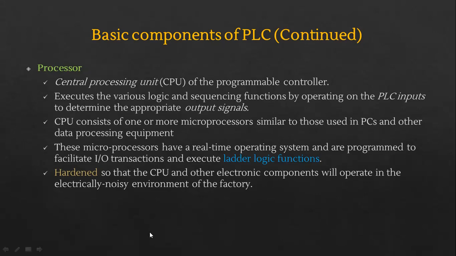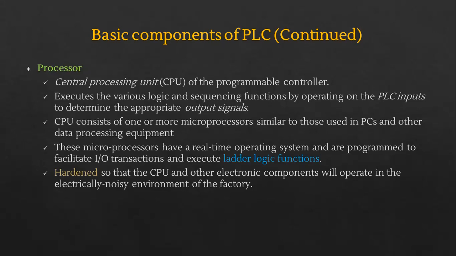Hardened, okay, the complete PLC or the processor unit basically especially is hardened so that the CPU and other electronic components will operate in the electrically noisy environment of the factory. Okay, what we mean here is electrically noisy. So it's not physical noise, as we know. Those are electrical noises. Basically, you have signals and waves.